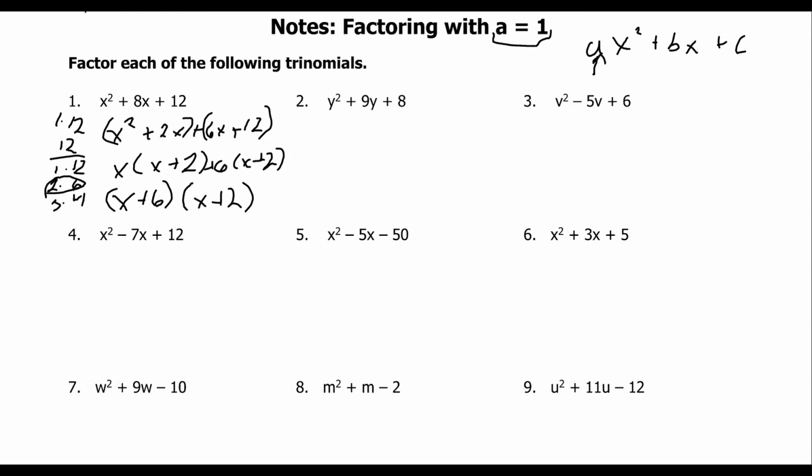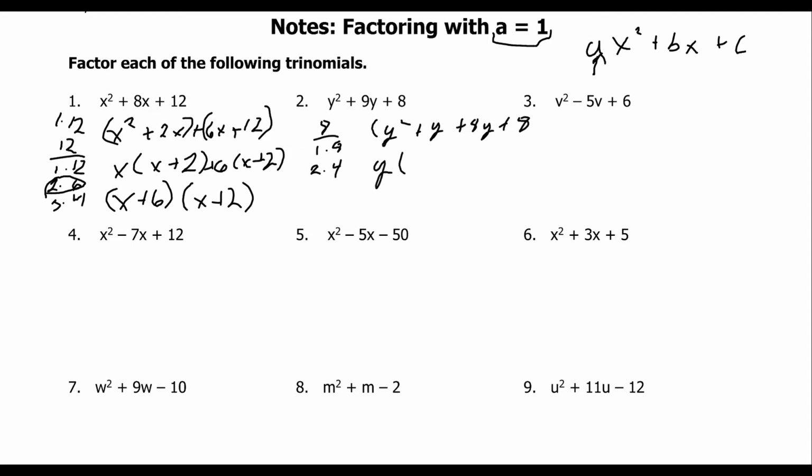Alright, now, let's see. If we look at number 2, we can do much the same thing. We say 8 factored, that's 1 and 8, 2 and 4. Alright, and that's going to be y squared plus y plus 8y plus 8.